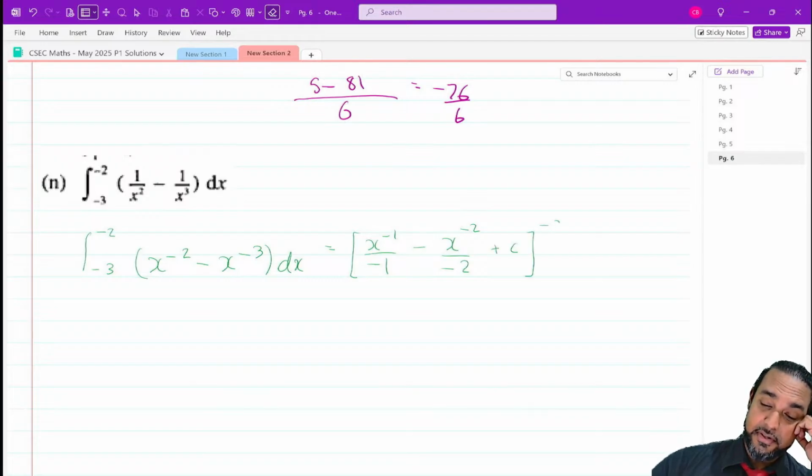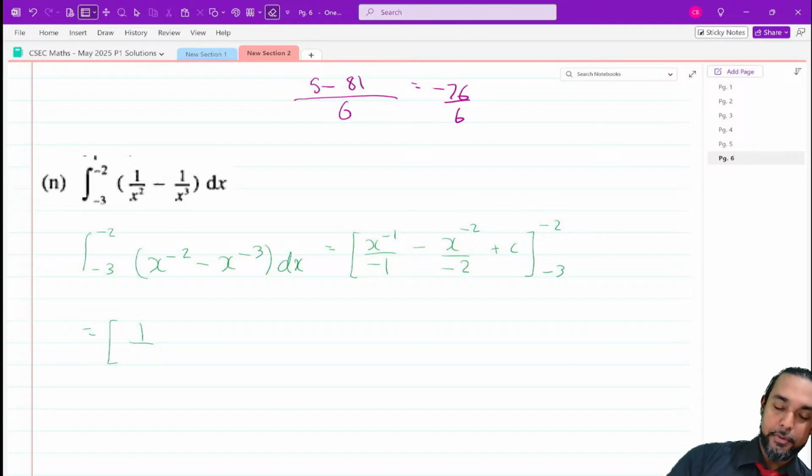Plenty of minus signs going on here. Okay, let's see if we can make some sense of it. So x to the minus 1 is 1 over x. So basically, you would flip it, and it would become minus 1 over x here, because you're going to multiply the x below. And then same thing across here. You're going to end up with 1 over minus 2 by x squared.